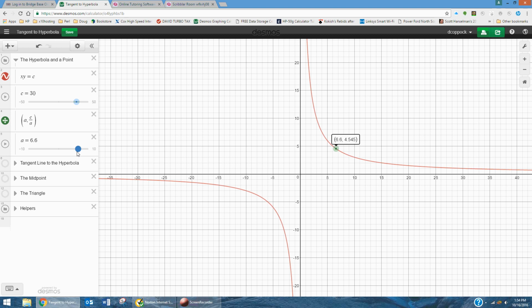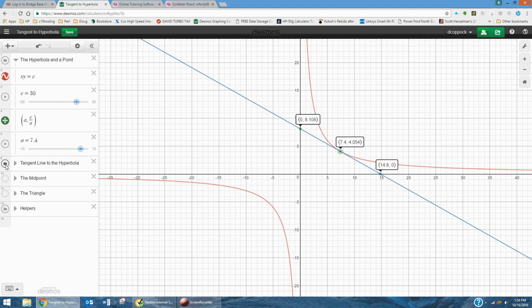But now the question is, how do I find the tangent line to the hyperbola at this arbitrary point? We'll go back to the whiteboard in a second to calculate that, but I'm just going to show it to you right here.